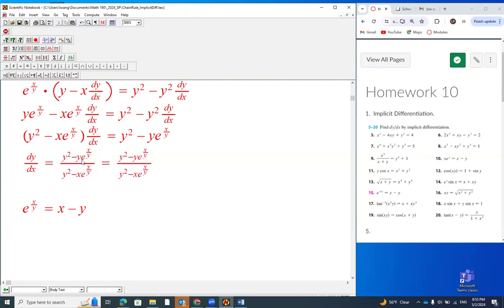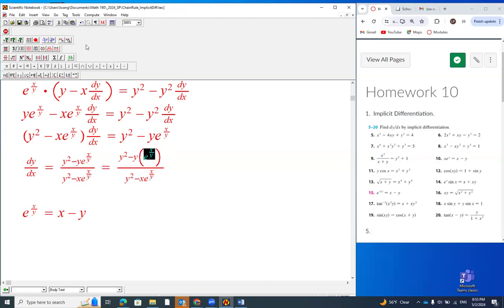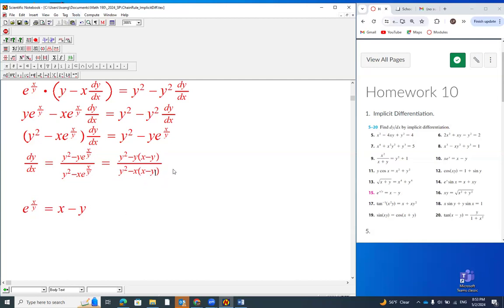So that whole piece is replaced by x minus y, and this piece is also replaced by x minus y. It looks like a simpler expression. Then you may like to distribute it and maybe try to even reduce it.